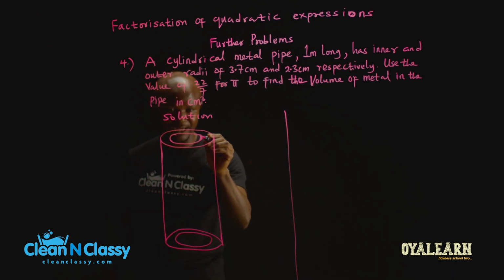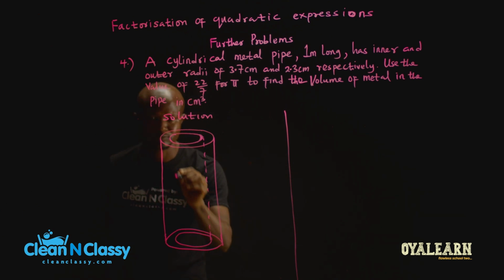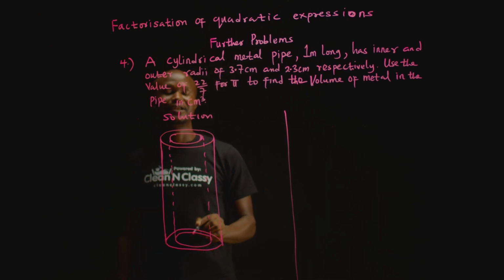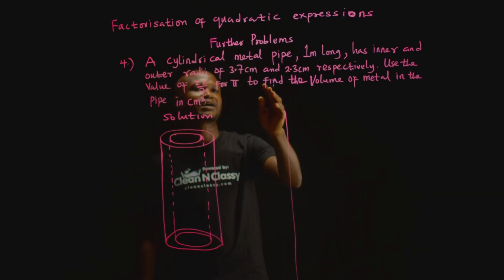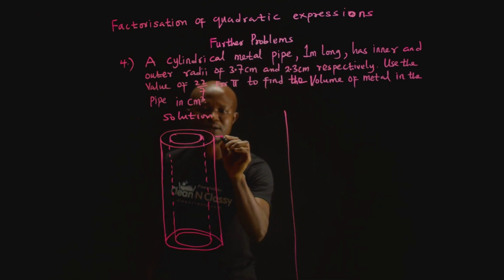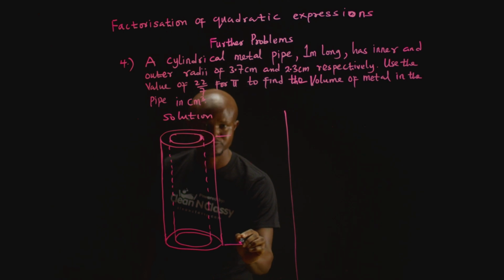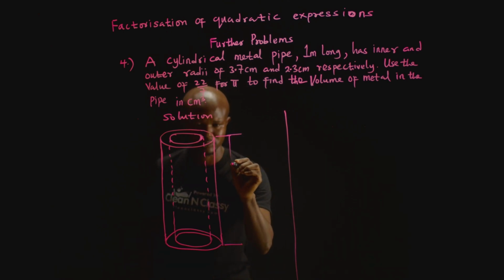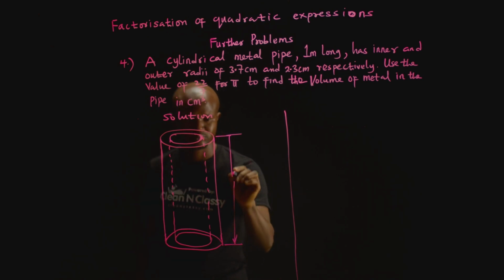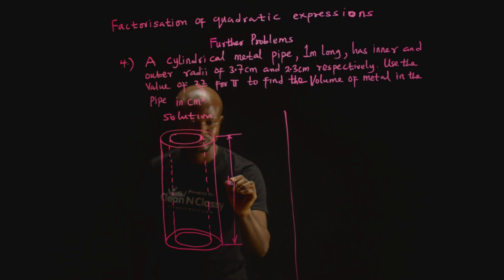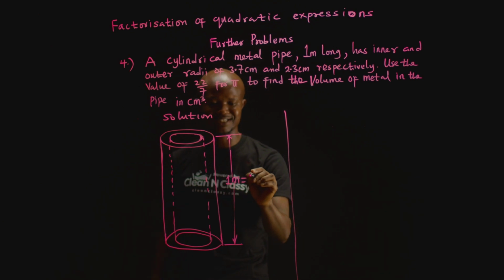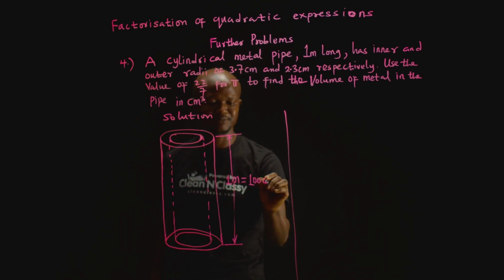Now we have the metallic pipe. From the question, a cylindrical metal pipe 1 meter long. And in centimeter, 1 meter is the same thing as 100 centimeter.